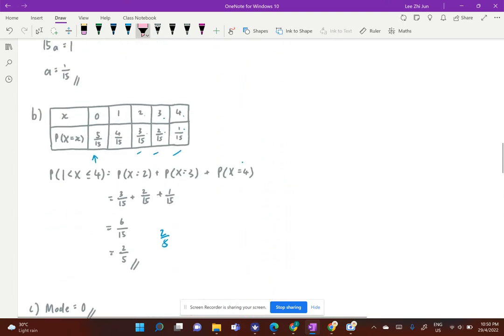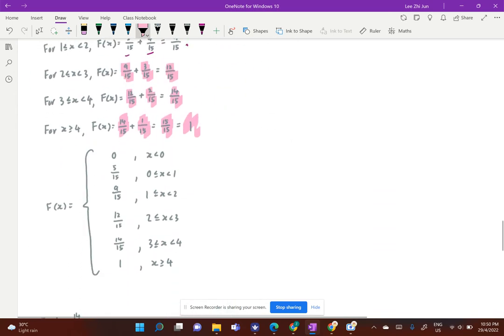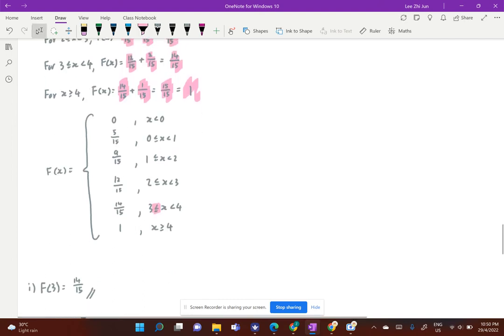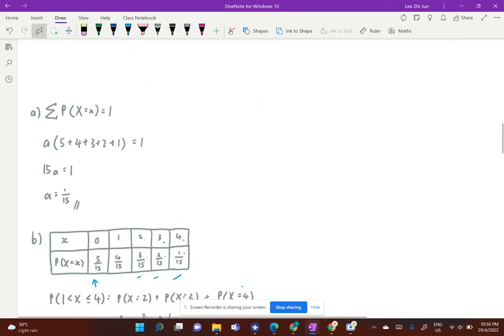So what do we want to find? F(3). From this distribution function, F(3), you see 3 here. So F(3) will be 14 per 15. And j, I want to find the median.